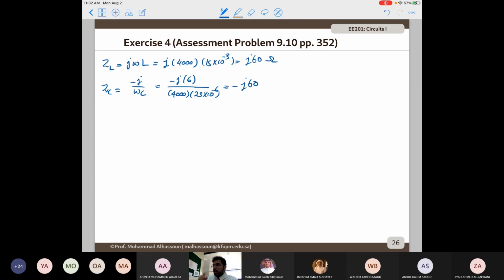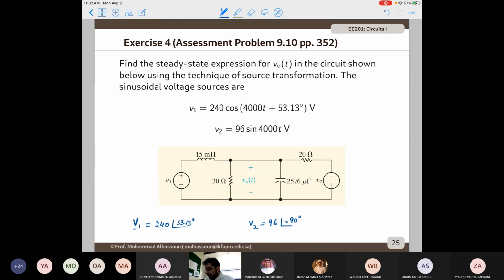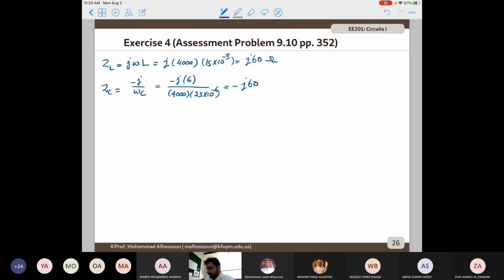Now I need to apply source transformation here. So I have a voltage source in series with an impedance, and the impedance is j60. In order to convert it to a current source in parallel with j60, I need to do the following.